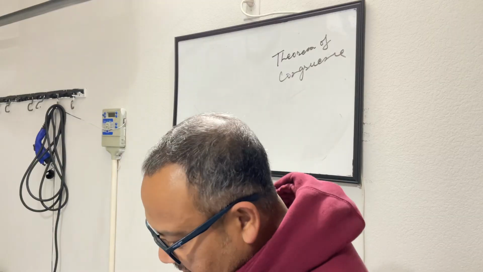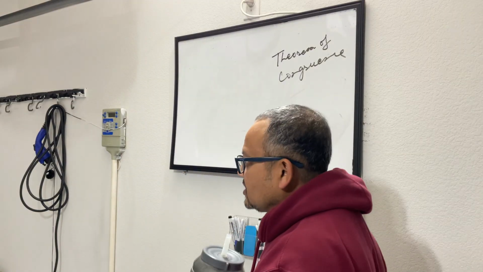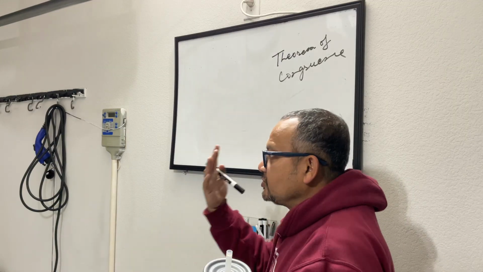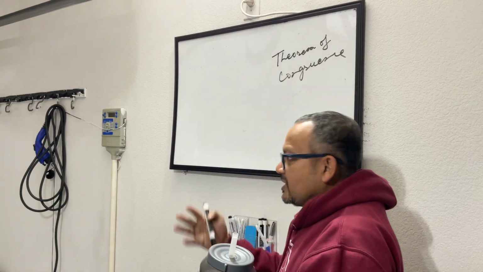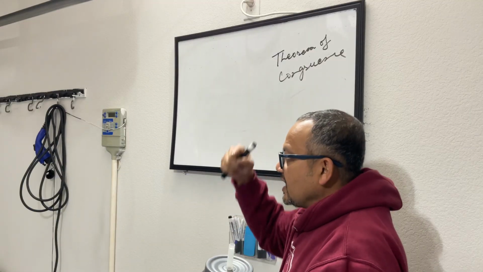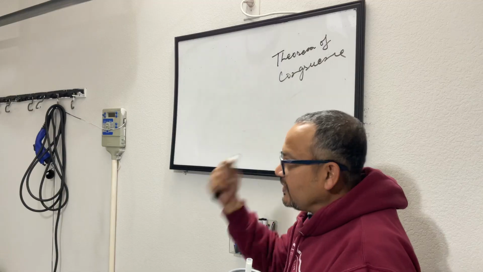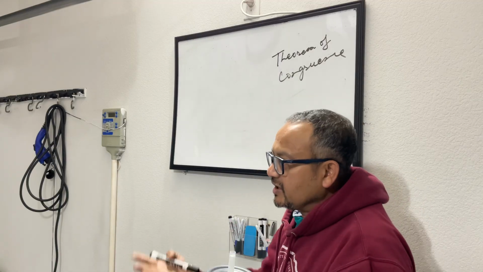When we talk about the theorem of congruence for triangles, we are essentially talking about the means and methods for finding out how two triangles are the same as each other. When I say same, I mean every property matching, every derivative also matching, meaning area also matching.